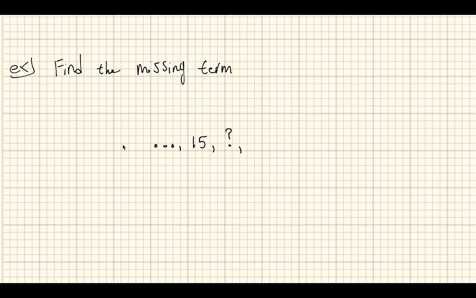But we know the next one is 59, and so on. So for this one, how could we go ahead and find this? Well, I know I should add something to get that one, and I should add the same thing to get that one. So what is that number? Basically, you can just take the average of 15 and 59, and since it's arithmetic, we know it's a common difference, that will give us our answer.